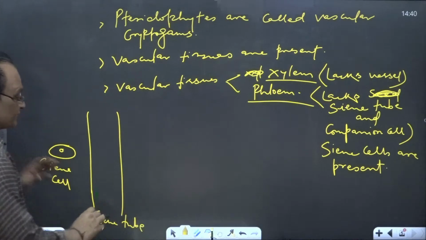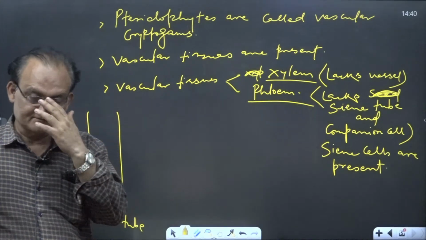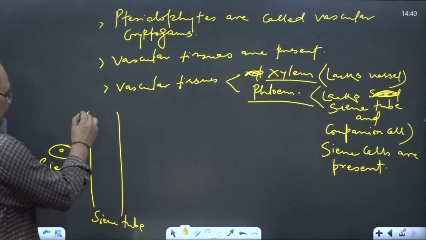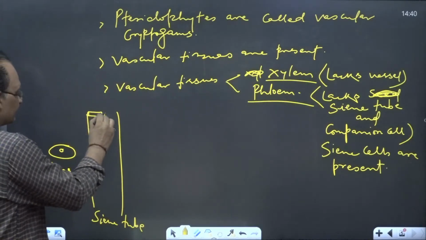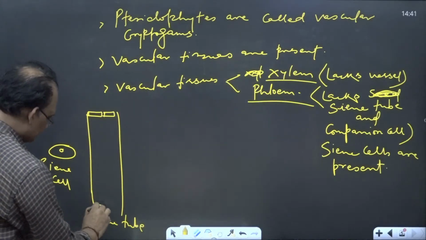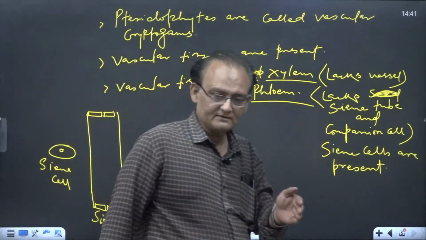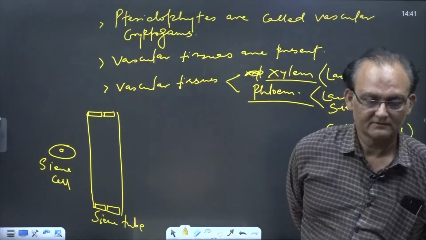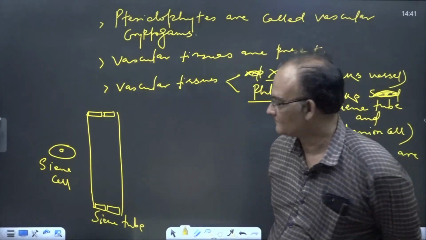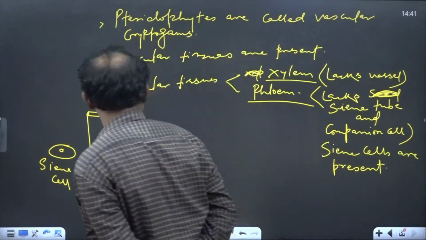So sieve tube is found in higher plants. Understood? This is the structure of sieve tube. But sieve cells are found in primitive plants, right? Okay.